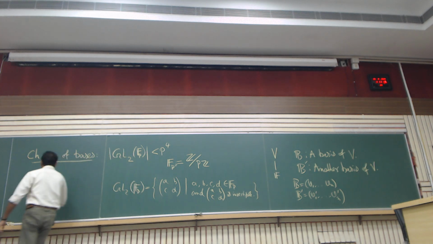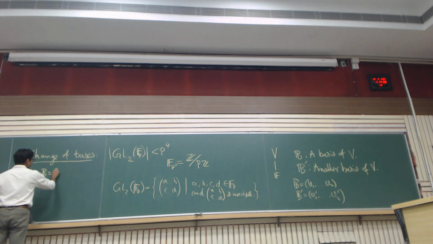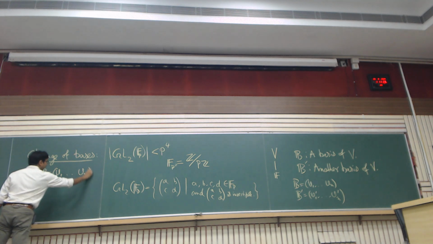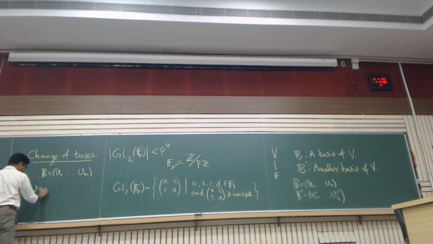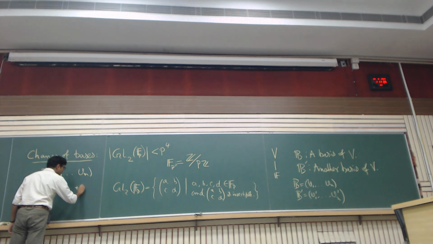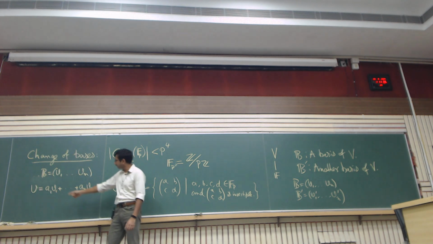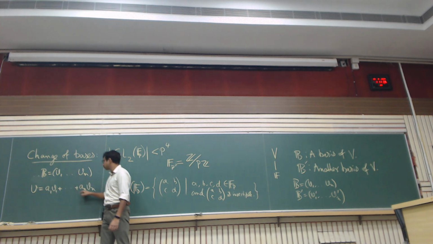So if you are given a basis B, say B is V1 dot dot Vn. Now take any vector V in the vector space. Then you could write a1 V1 plus dot dot dot plus an Vn to express this V, and all these coefficients are unique.